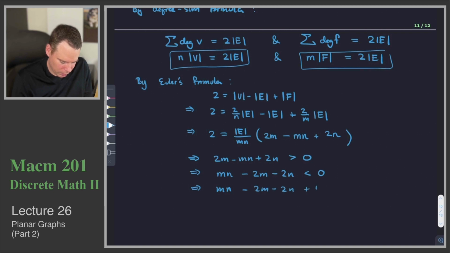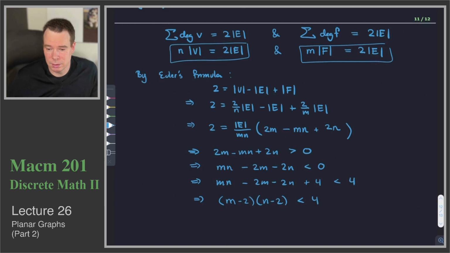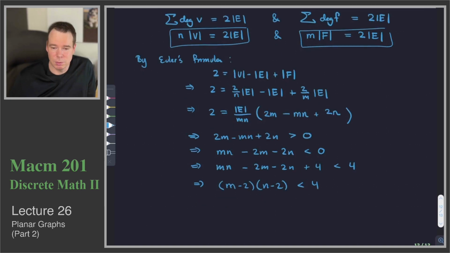You might say, why are you adding 4 to both sides? Well, the reason is now I can recognize this left side as a product. It's m minus 2 times n minus 2. And that's got to be strictly less than 4.